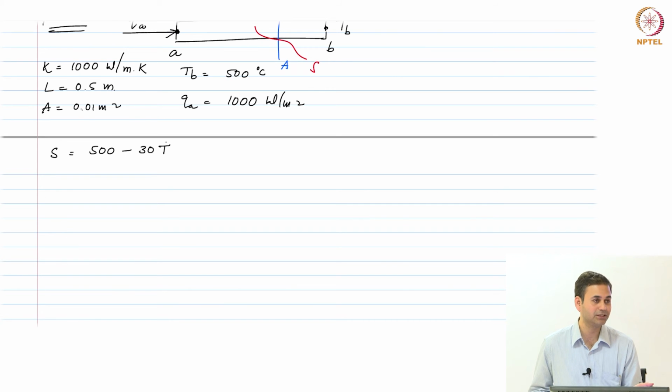Essentially, your SC is 500, SP is minus 30. We have a source term as well that generates heat in this beam.